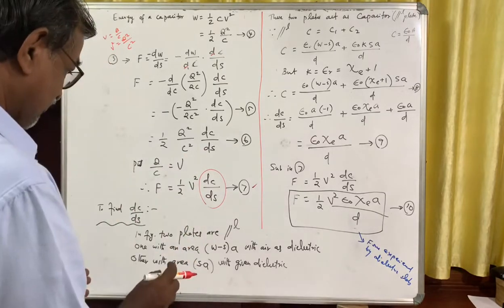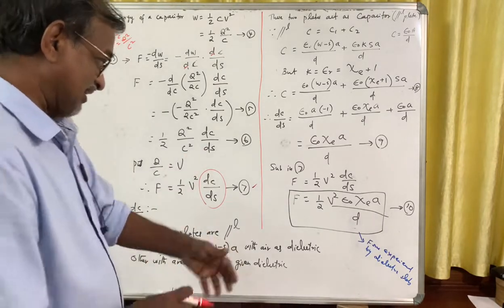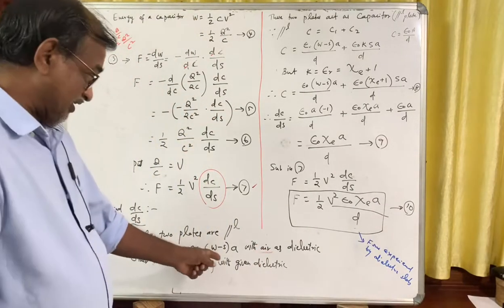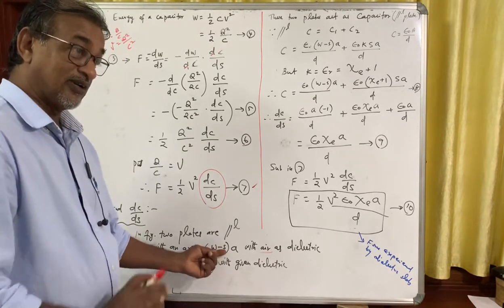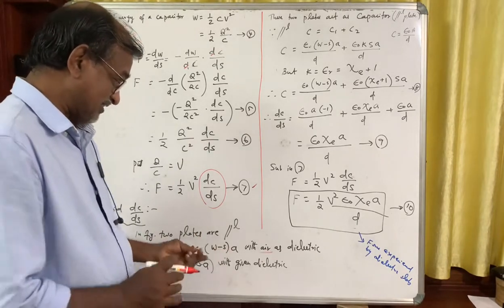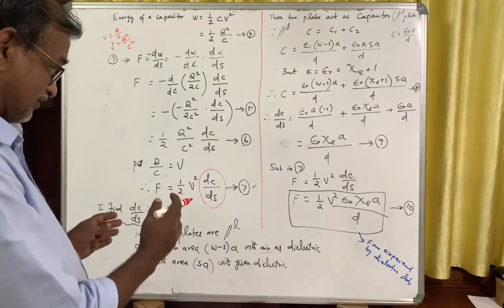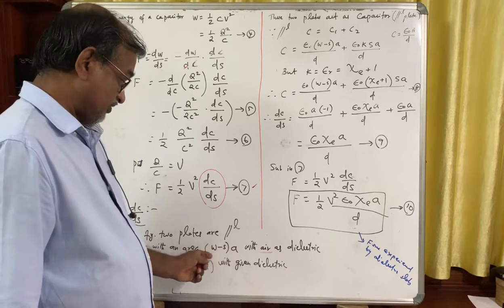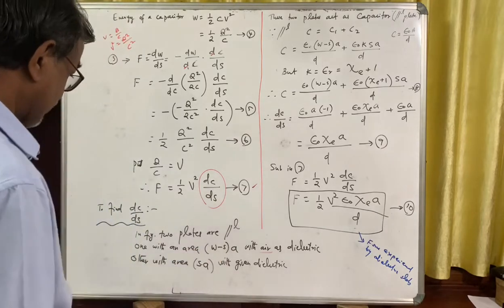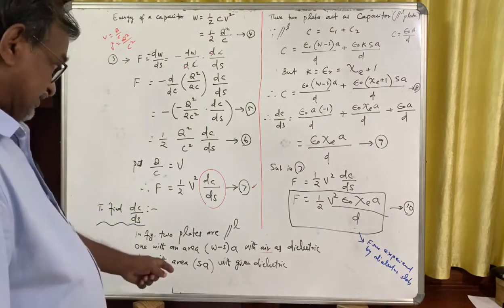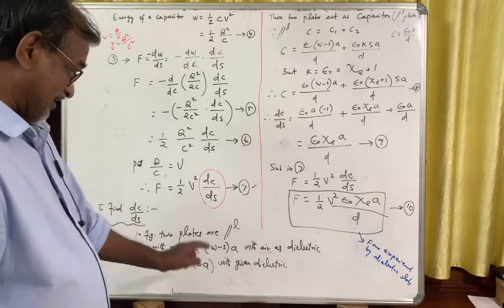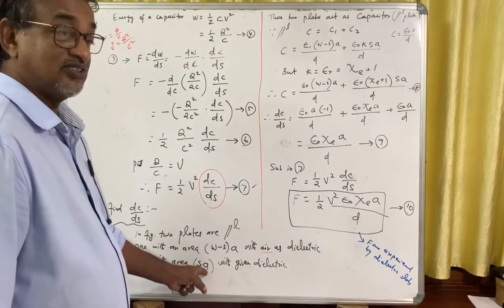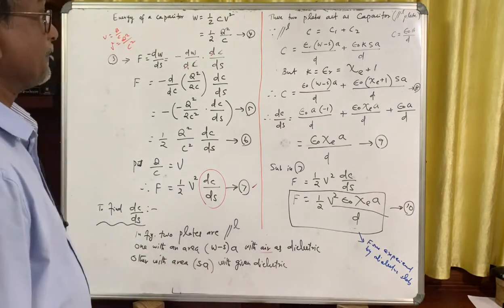The first one is an air capacitor, with air as dielectric, and its width is W minus S, where total width is W and W minus S is the width of the air part. It is multiplied with the breadth A, so we get the area. The second one has the dielectric, its length is S and breadth is A, so the area is SA.